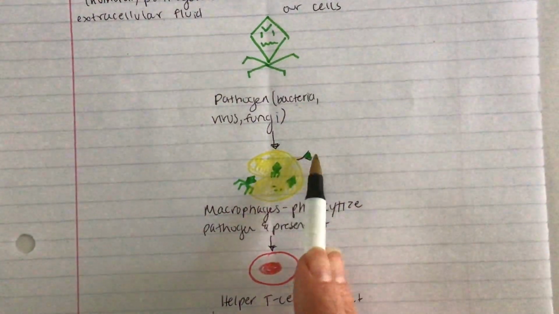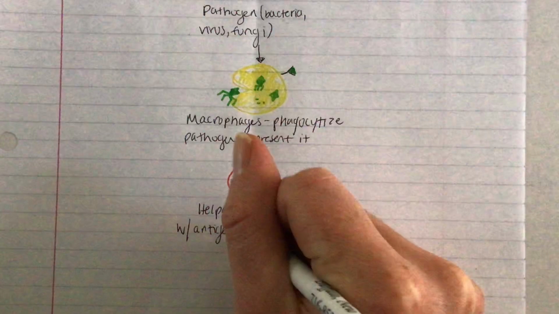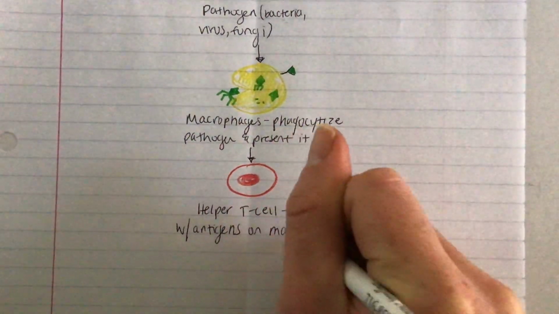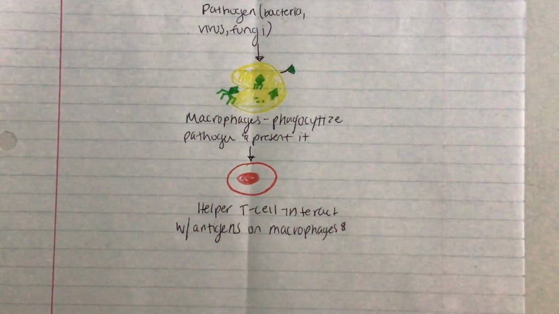Antigens are part of a pathogen, so like a little piece of it, like is shown here. So they're going to interact with antigens on macrophages and do a couple of things.